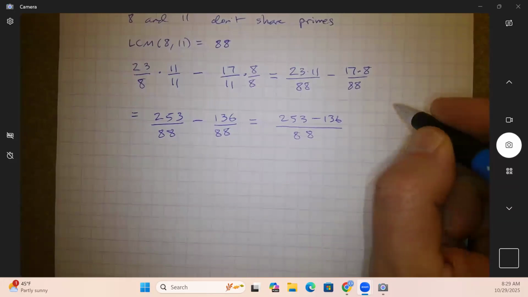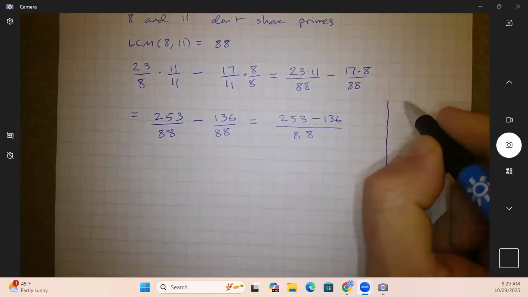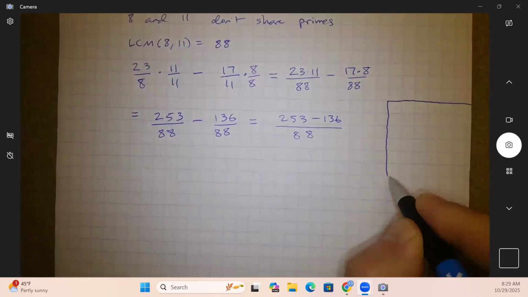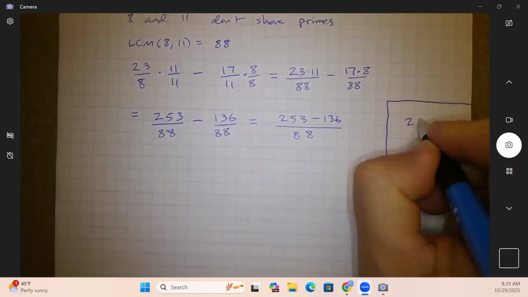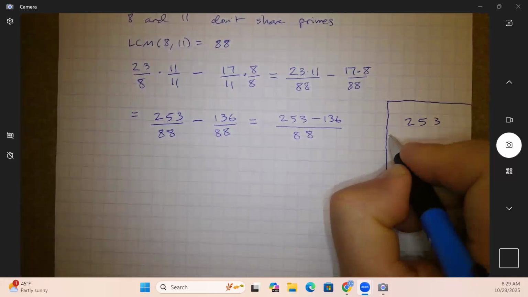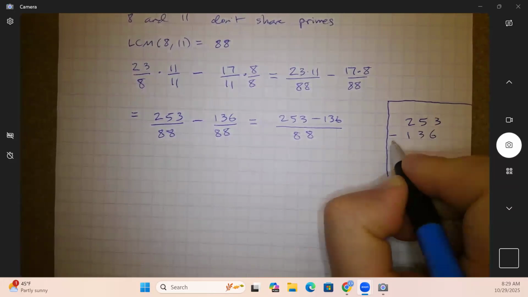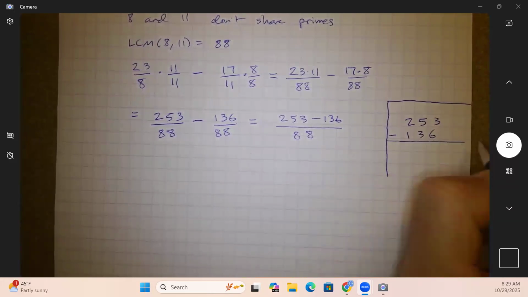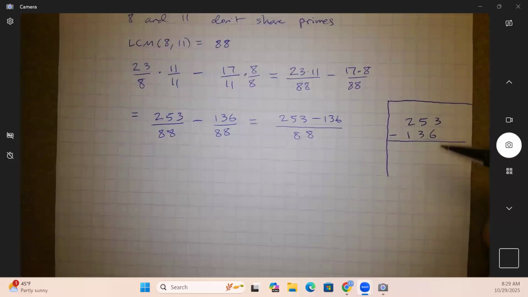And let me do a little bit of side work over here just to organize my subtractions and to help remind you all how to do subtraction by hand. 253 minus 136. Make sure everything's lined up. And then we subtract vertically. 3 minus 6. I would say I can't do that because 3 is smaller.